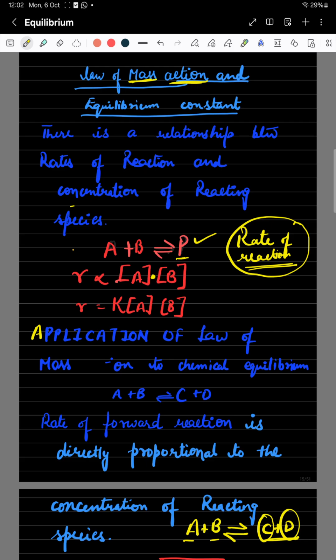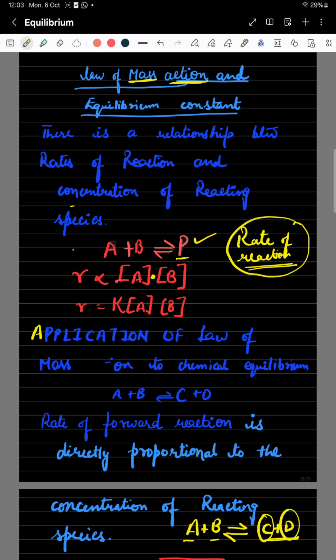We know this. Clear? So the speed of the reaction depends on the reactant amount. The reactant concentration is directly proportional to it.